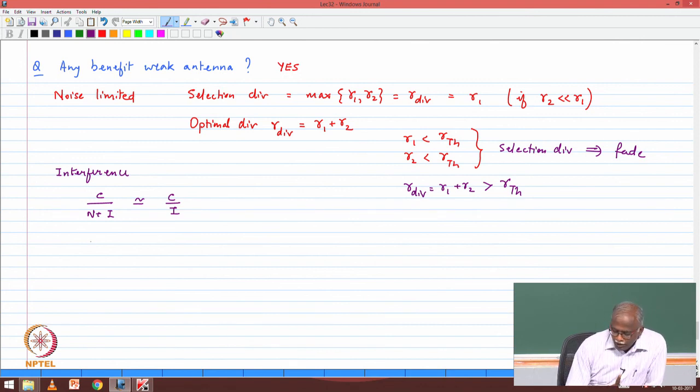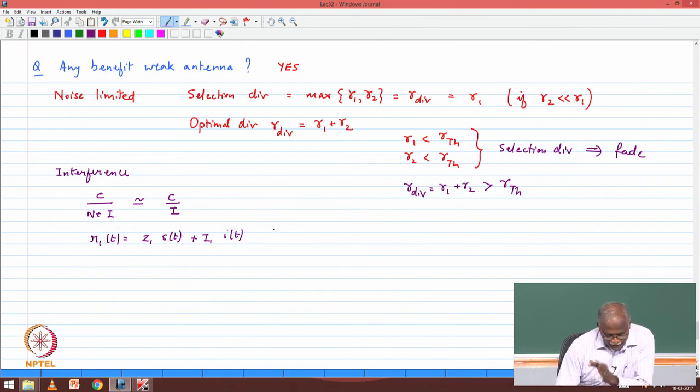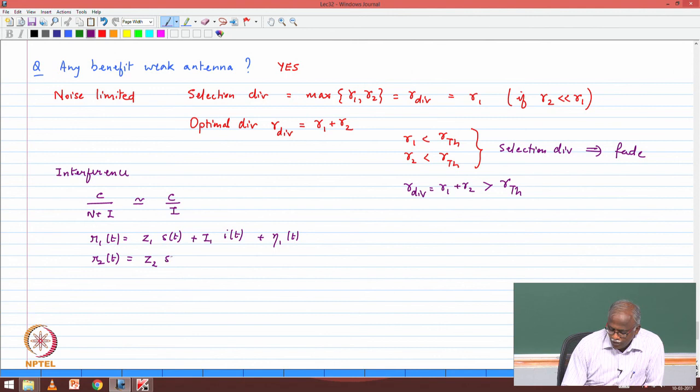So the model of the signal is R1 of t equals Z1 times S of t plus I1 times I of t, where I is the interfering signal and I1 is the Rayleigh coefficient affecting the interfering signal, plus eta 1 of t. R2 of t equals Z2 times S of t plus I2 times I of t plus eta 2 of t.